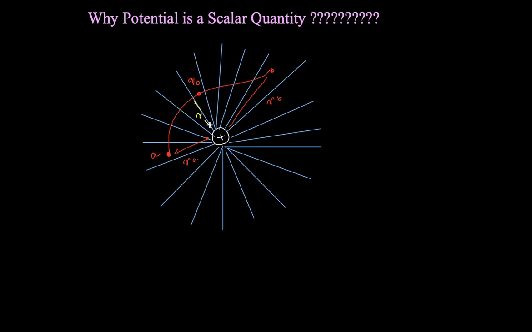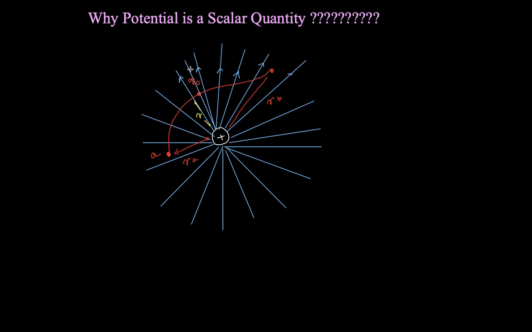Now, the electric field lines are radially outward. When the charge q naught is here, what is the direction? You can draw one field line passing through the charge, then it is easier to get the point.